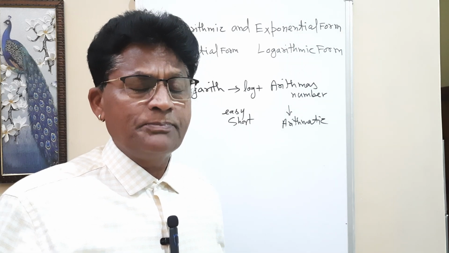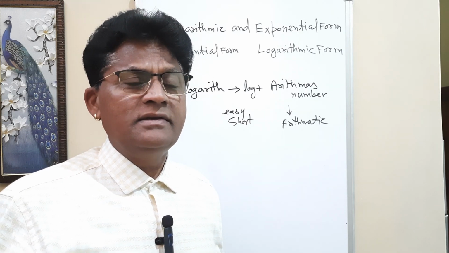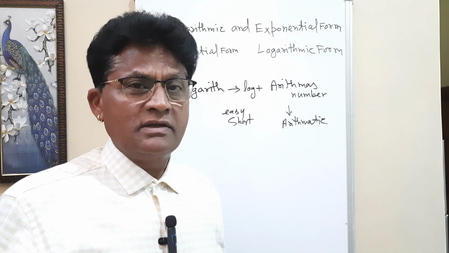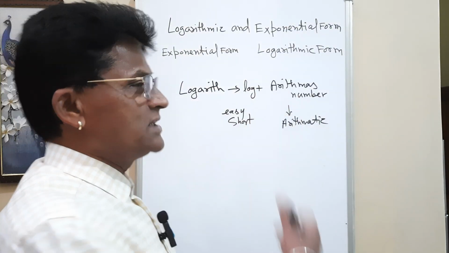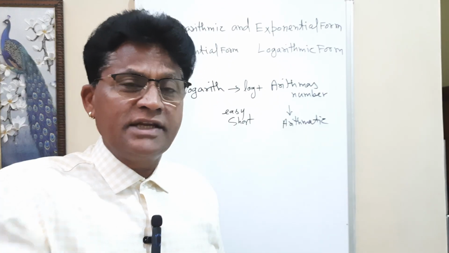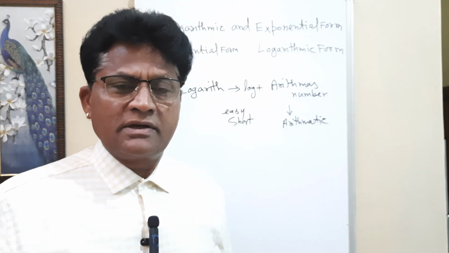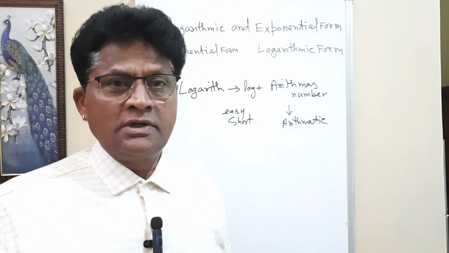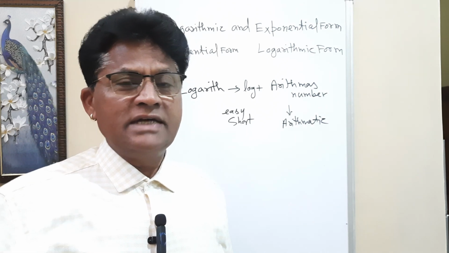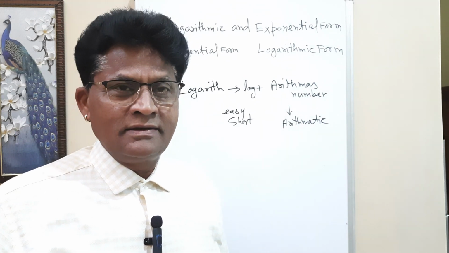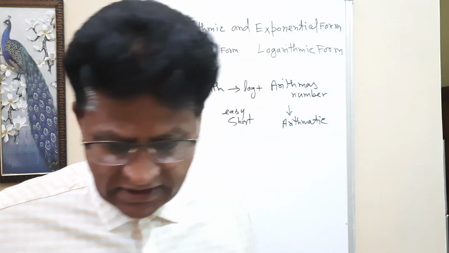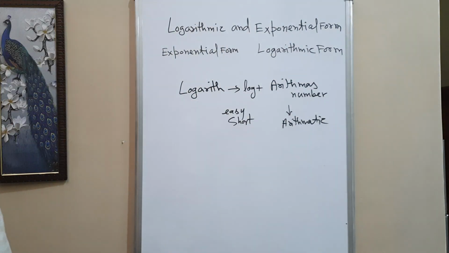You will have to find the product of 999, multiplying 999 times. But by using log and anti-log, you can find out the value easily. Only the log table as well as the anti-log table will be required.